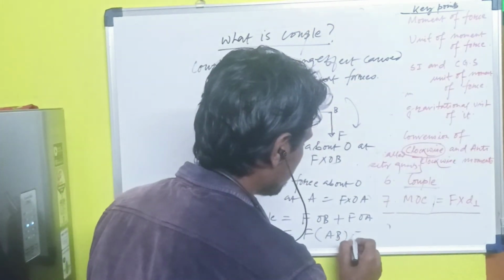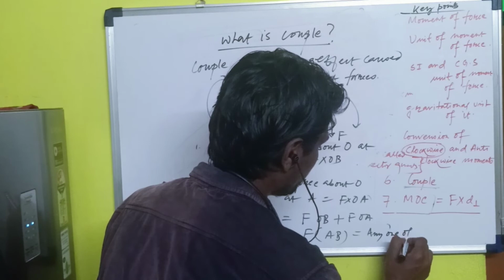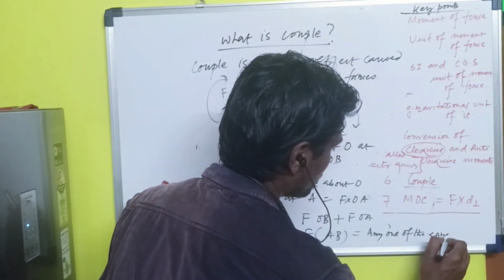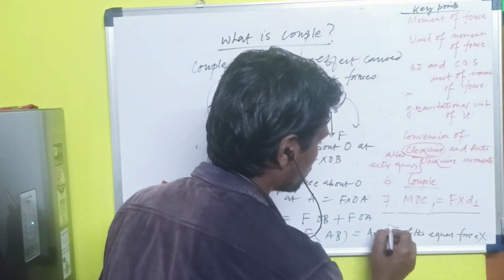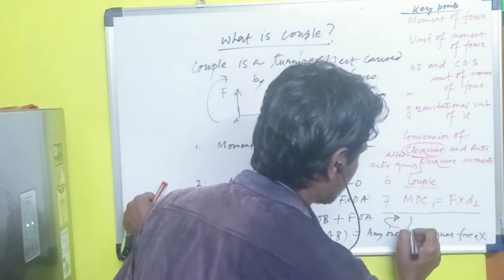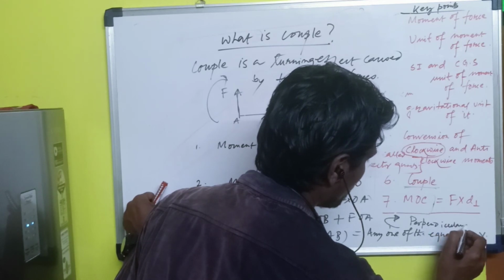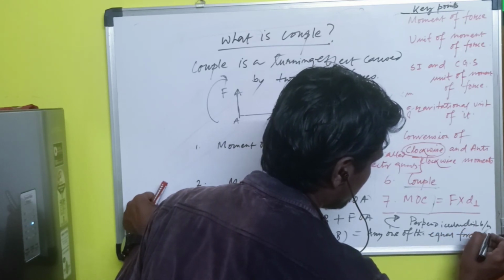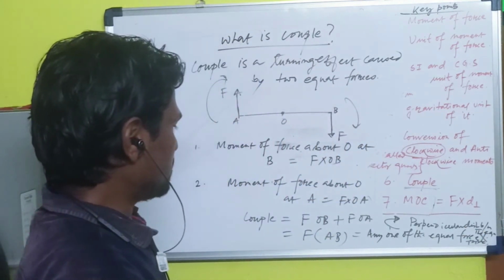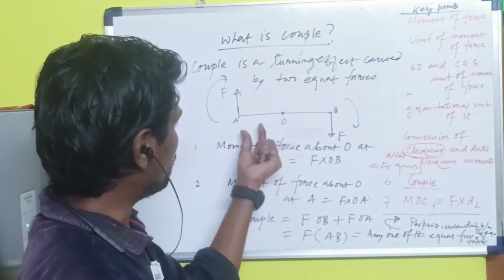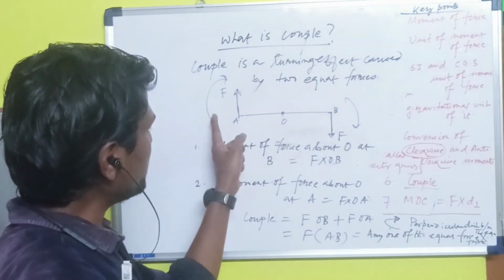So you can write: couple equals any one of the equal forces into the perpendicular distance between the equal forces.